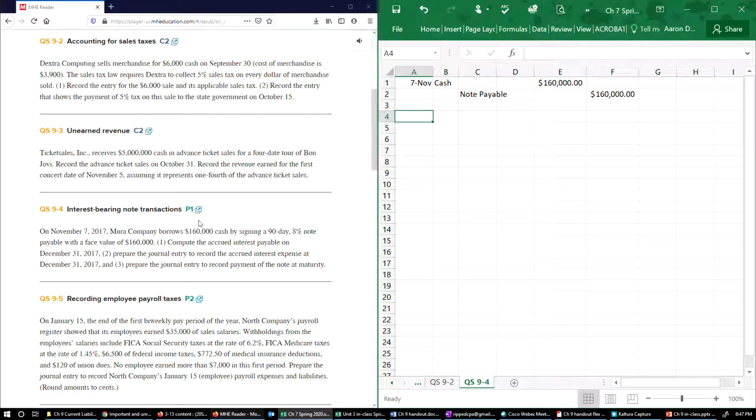So the first requirement: compute accrued interest payable on December 31st and prepare the journal entry. So we'll kind of take these together. So year end, we have to accrue the interest.